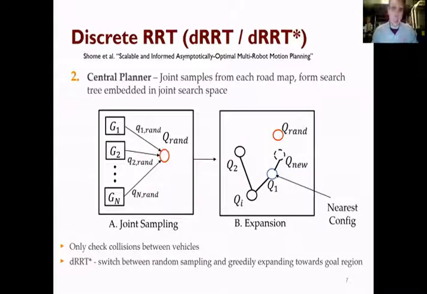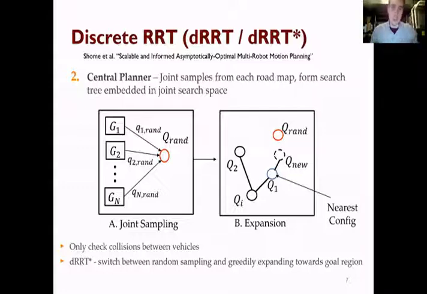The next step is the central planning stage, in which the inputs are now the outputs of the previous step, which were the roadmaps. So each robot has its own roadmap, as you can see down here on the left. And the idea behind DRRT in the central planning step is to start at your initial configuration, like in a normal RRT algorithm, and sample not directly from the configuration space, but sample from these roadmaps that you previously computed.